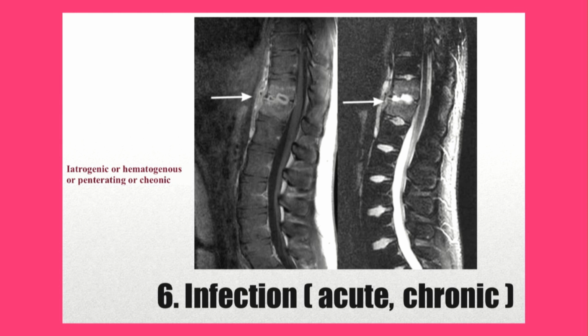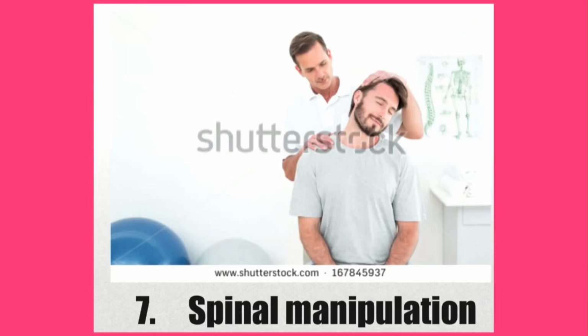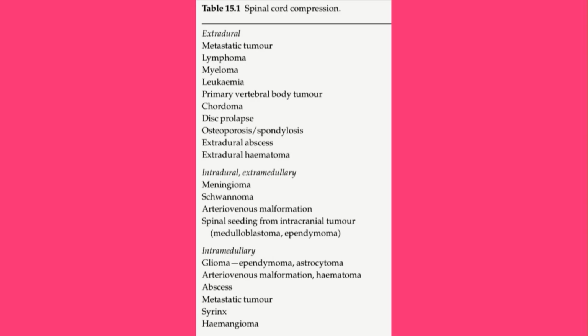It's either acute or chronic, either iatrogenic or hematogenous, and sometimes it could be chronic. Another cause of spinal disease is spinal manipulation. This is in brief the most common causes of spinal compression. We have extradural, we have intradural extramedullary, and we have intramedullary.